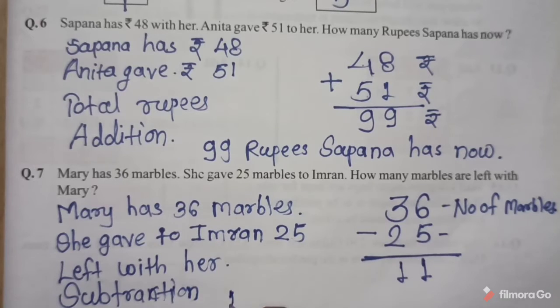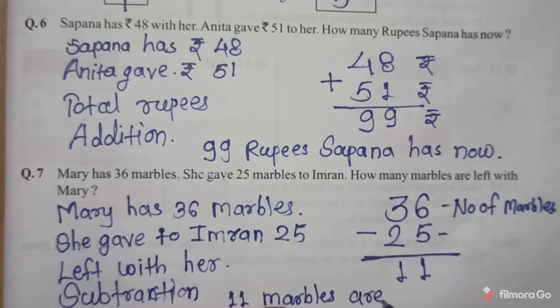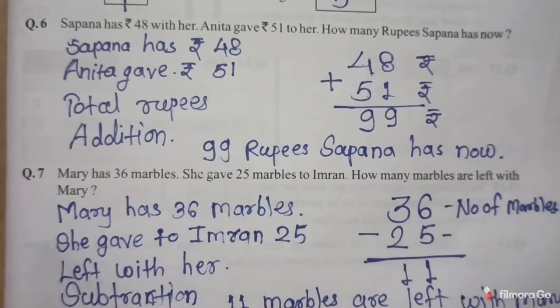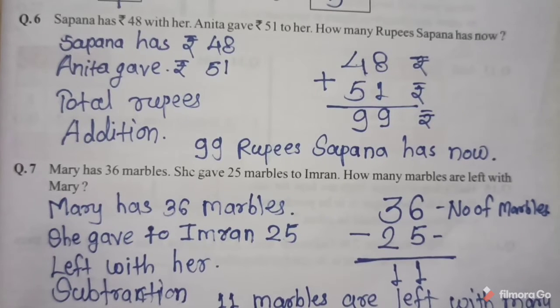That means 11 marbles are left with Mary. Okay, like that way. Word problems are also very important.